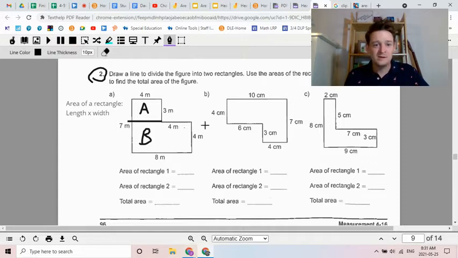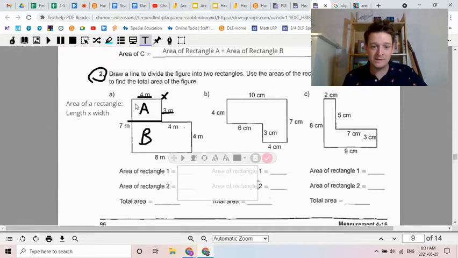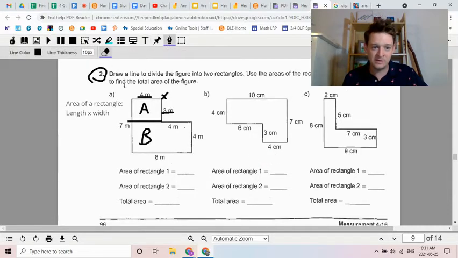All right. So rectangle A has a length of 4 meters, and it has a width of 3 meters. So if I want to find the area of rectangle A, I'm going to do 4 times 3. So the area of rectangle A, or rectangle, oh, I see, rectangle 1. Well, let's change my labels so that they're the same as the ones in the question.